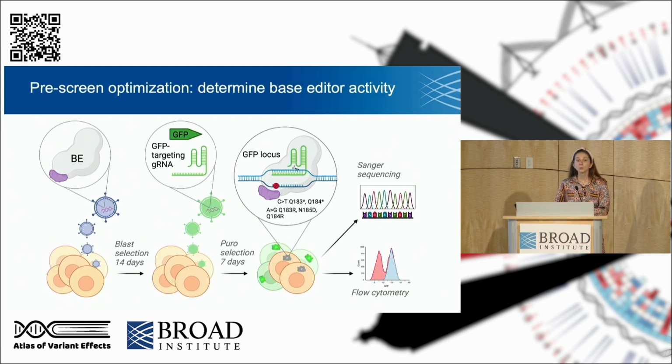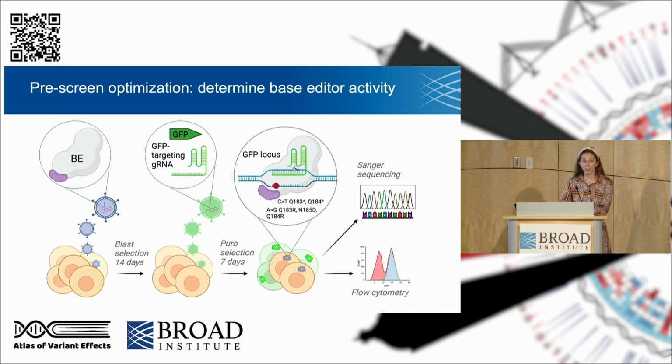There are a few pre-screening optimizations that one would need to perform in order to achieve a successful base editor screen. The first optimization step that we recommend is establishing that the base editor has a good editing activity within your cells of interest.